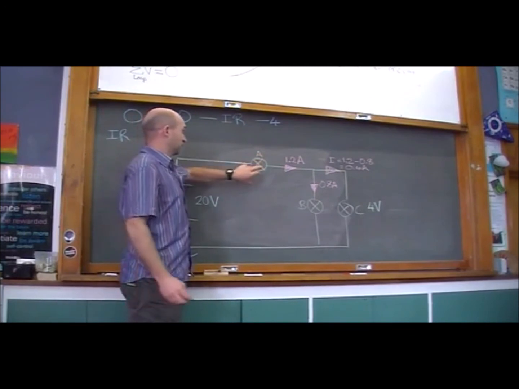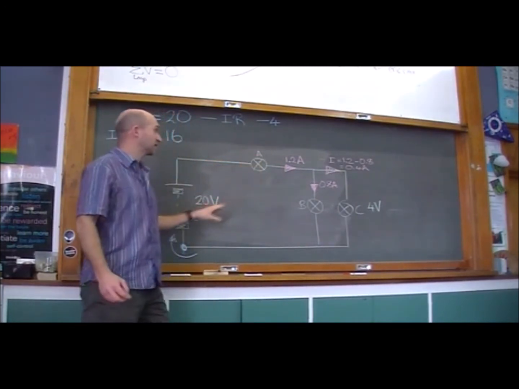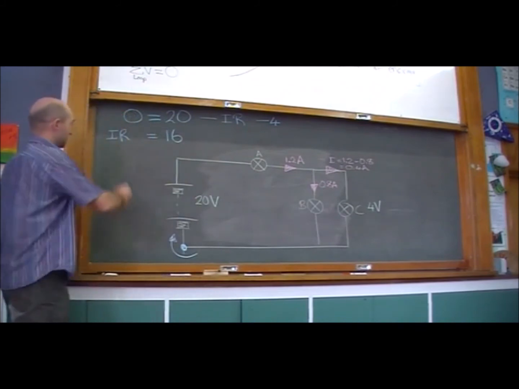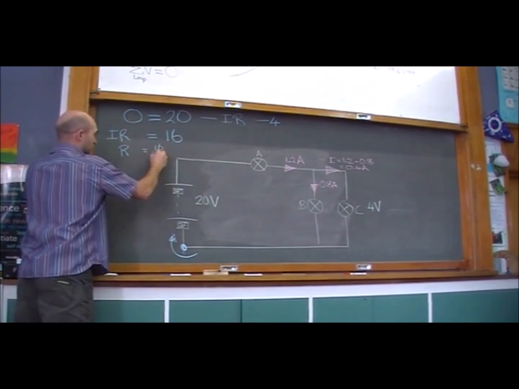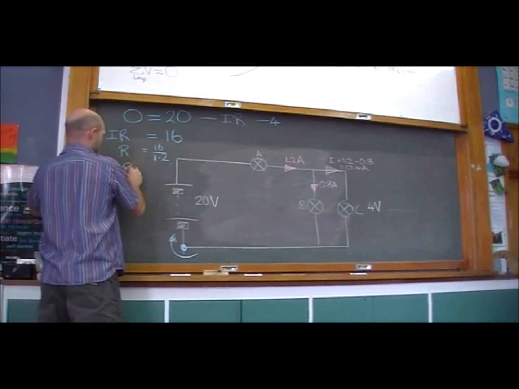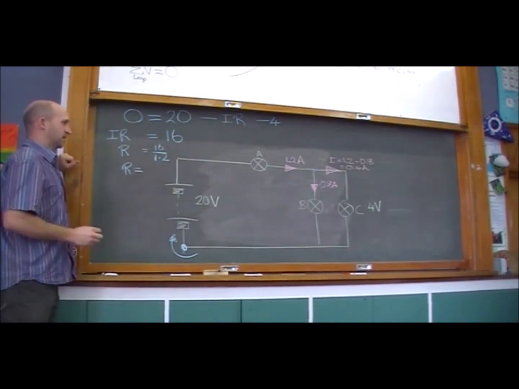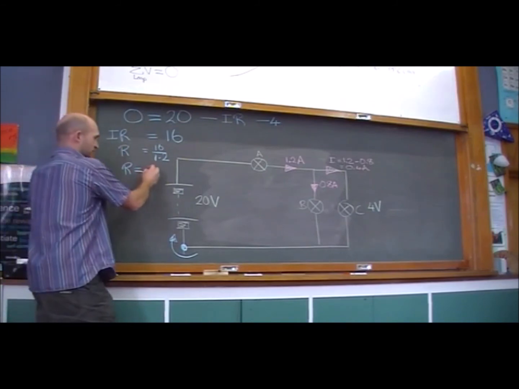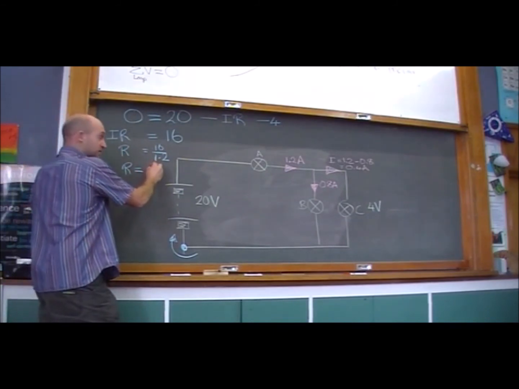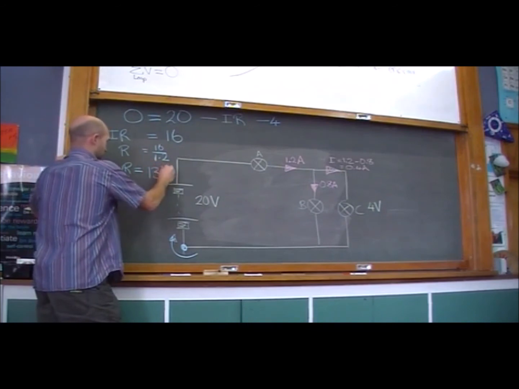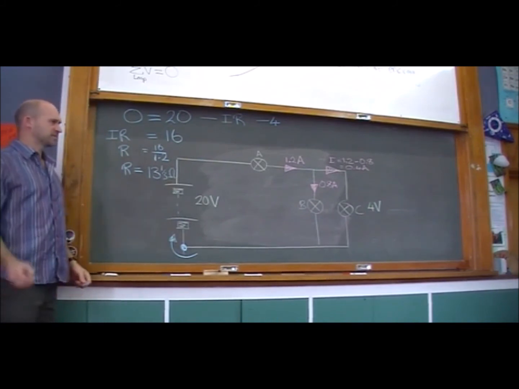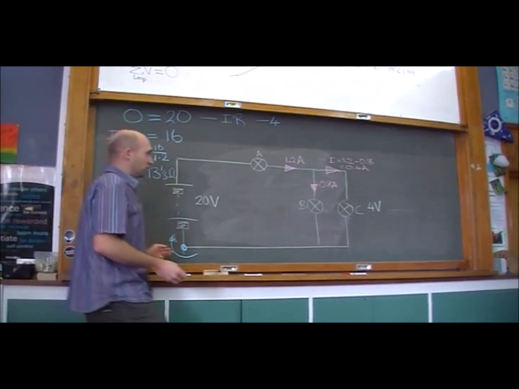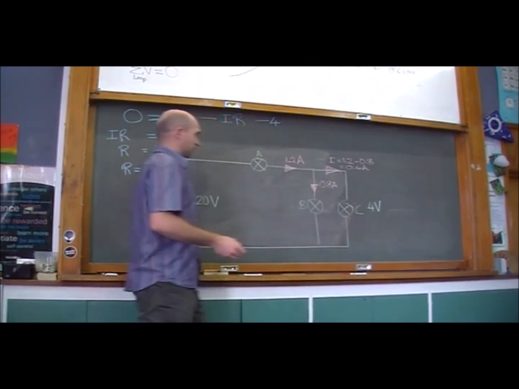We know that this voltage must be 16, and we can determine the resistance of that resistor by solving R equals 16 over 1.2, which is some ugly number, isn't it? 13.33. 13 and 1/3 ohms.